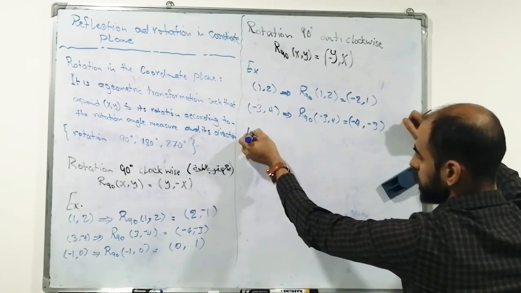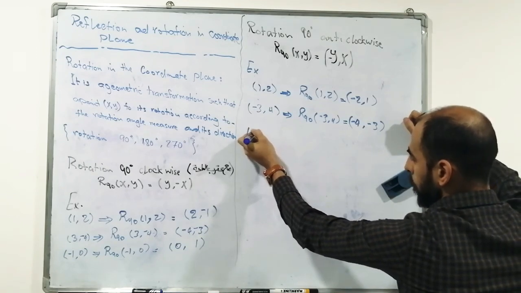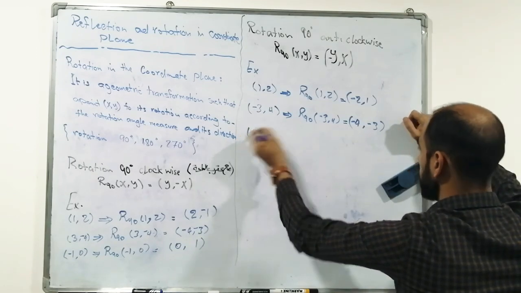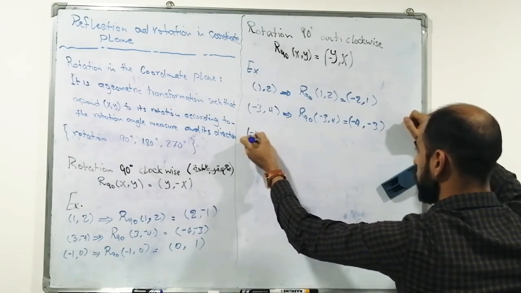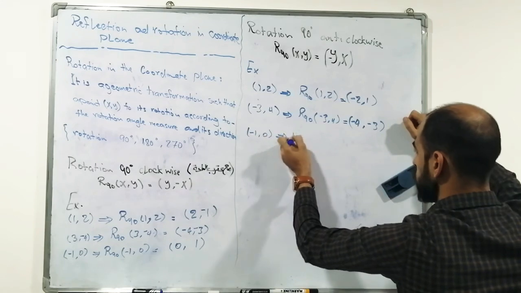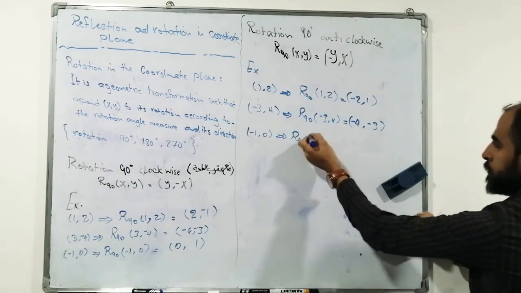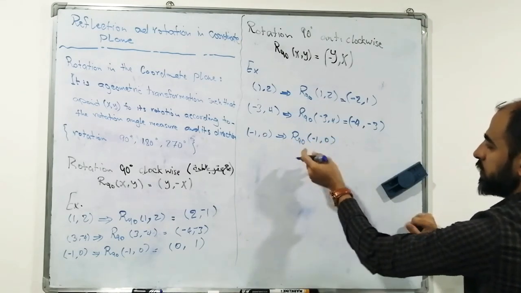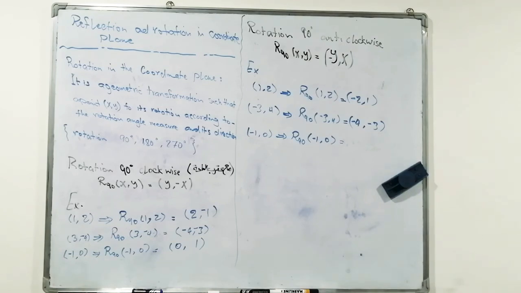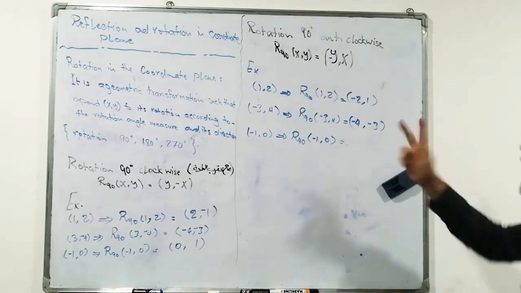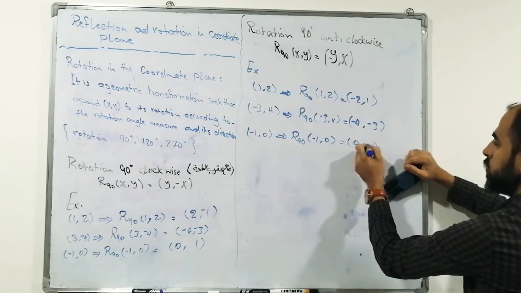Now let's take another point to find its rotation. To find the rotation of the point minus 1, 0, 90 degree anti-clockwise, put x instead of y and y instead of x, then it will become 0, minus 1.